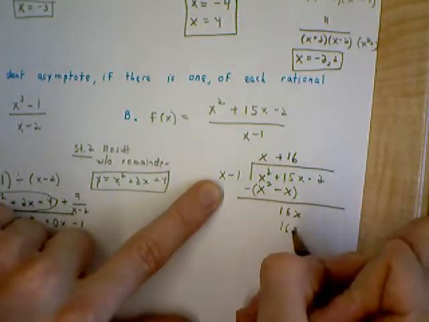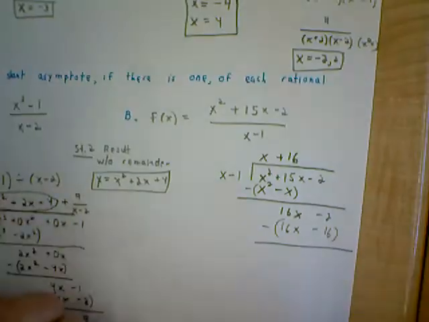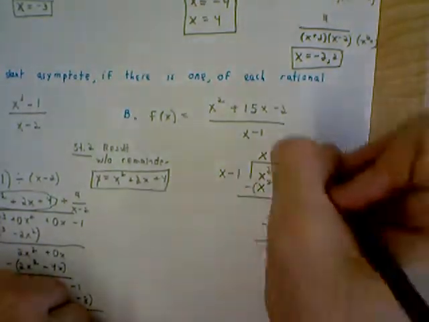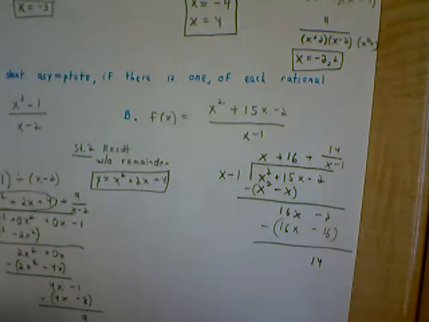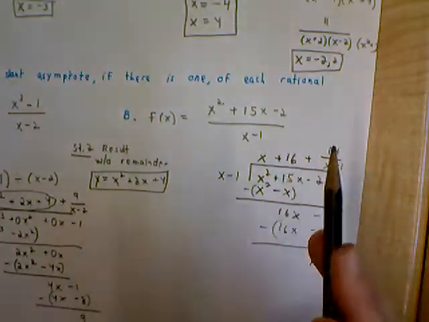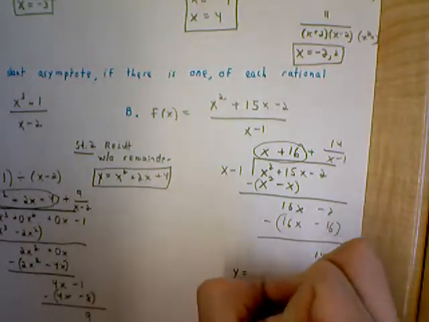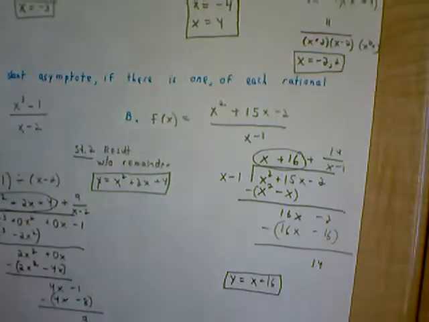Multiply it through. Go ahead and subtract. Negative 2 minus negative 16 is 14. x can't go into 14, so I have plus 14 over x minus 1. You take the result that doesn't include the remainder. That's this right here. So y equals x plus 16 is our slant asymptote.